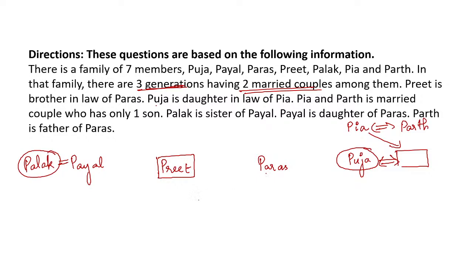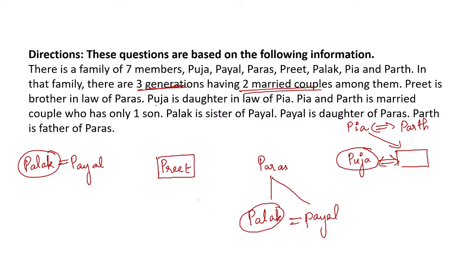Okay, so Payal and Palak both come here, daughters or son and daughter. It can be anything. Both of them belong to Paras. Paras is a common parent.